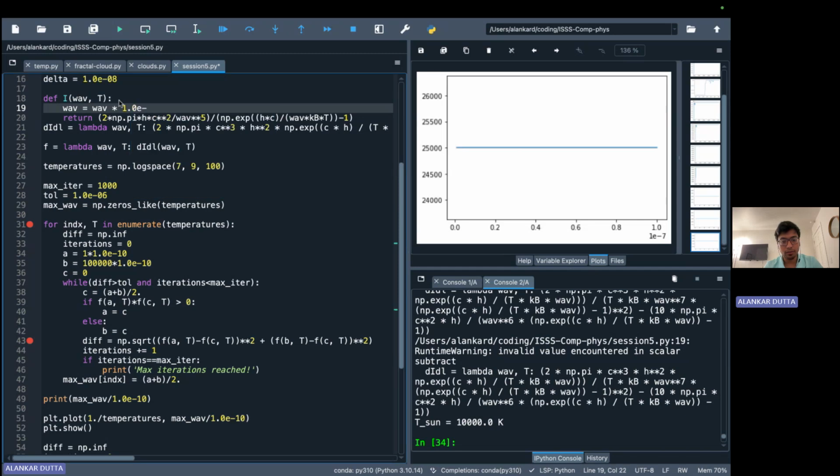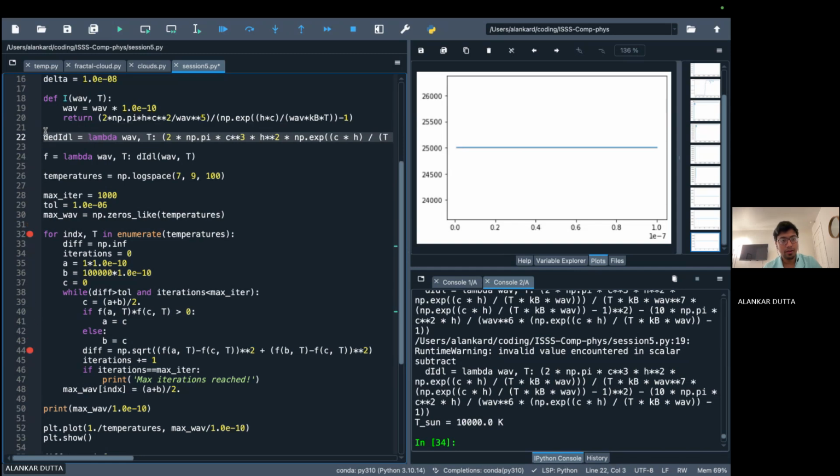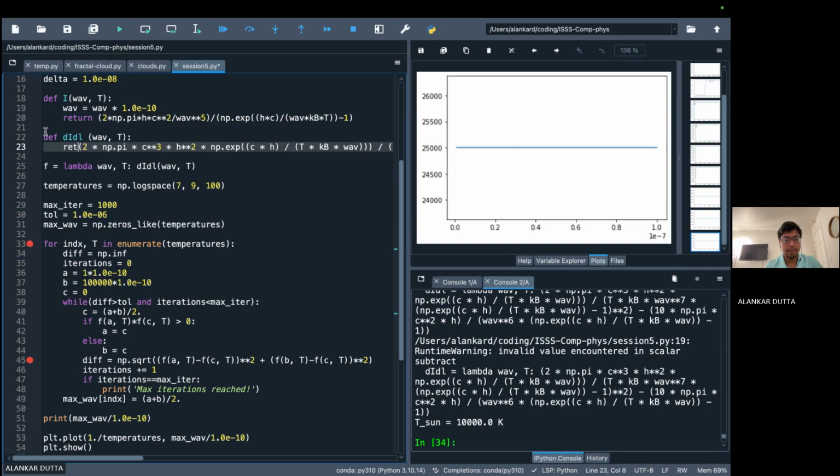1.0e-10 because I want this to be in units of angstroms, right? And want to work with angstroms.